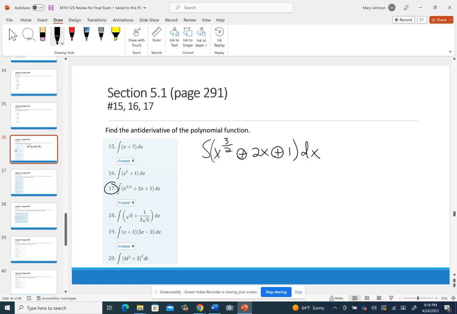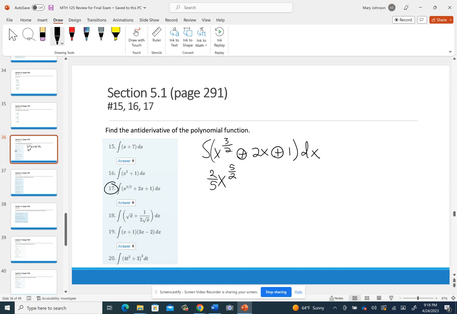So I'm going to think about x to the 3 halves, and I'm going to add 1 to that. 3 halves plus 2 over 2 would be 5 halves. That 5 halves would come down in front when I go to check it. So I need to put a 2/5 here.